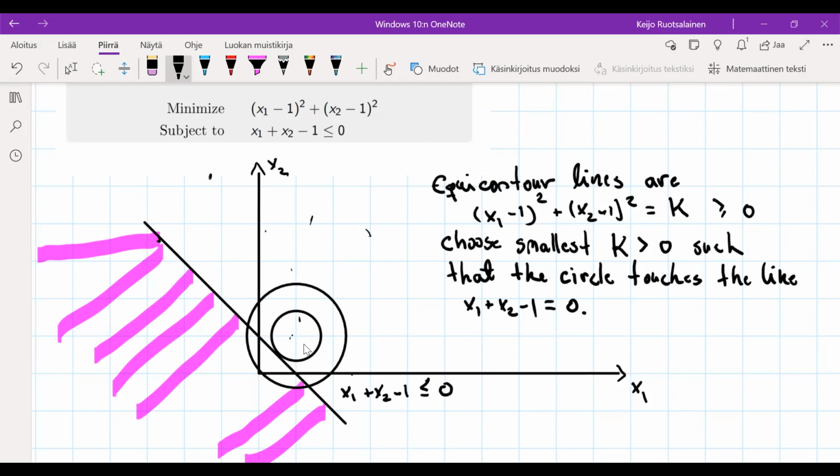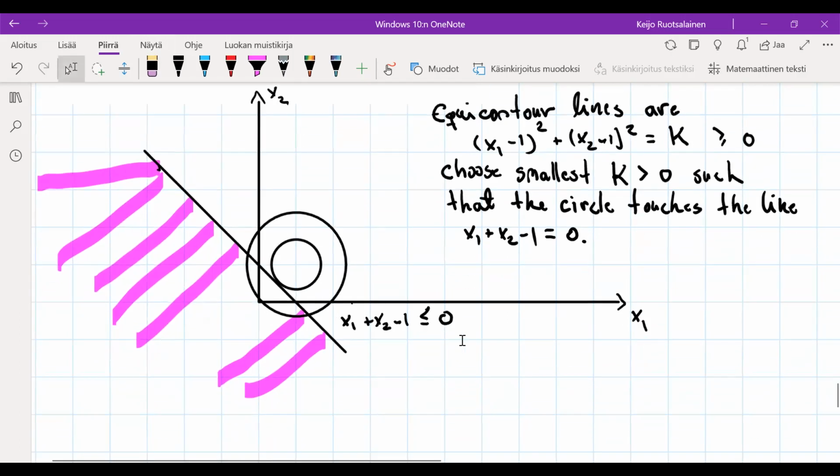So when this boundary of the constraint set, the line x1 plus x2 minus 1 equals 0, is tangent to this circle, we can compute it. Then let us draw a picture.